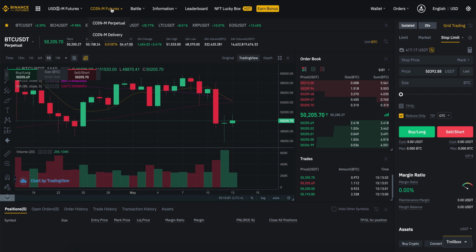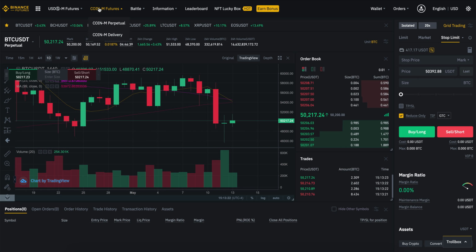And basically what this means is, the reason it's called USDTM and CoinM is because for USDTM, you're putting up tether as your margin, as your collateral. But if you're trading the CoinM futures, you're putting up the crypto coin as your collateral. So whatever you're putting up as your collateral is what you're going to earn in return.